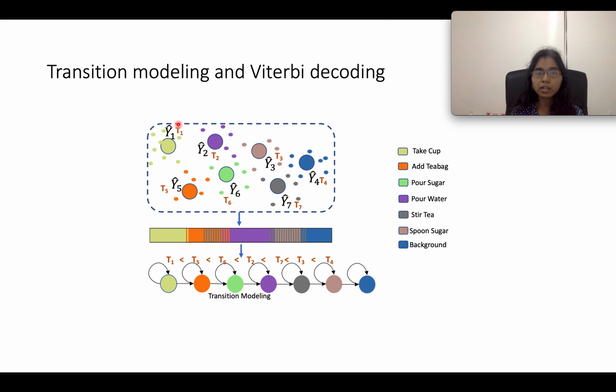So, if T1 is the mean time for Y1 and T5 is the mean time for Y5, then if T1 is less than T5, we say that the subaction Y1 occurs before the subaction Y5, and we use this strict ordering of state transitions and refine the initial predictions to generate final predictions with the help of Viterbi.